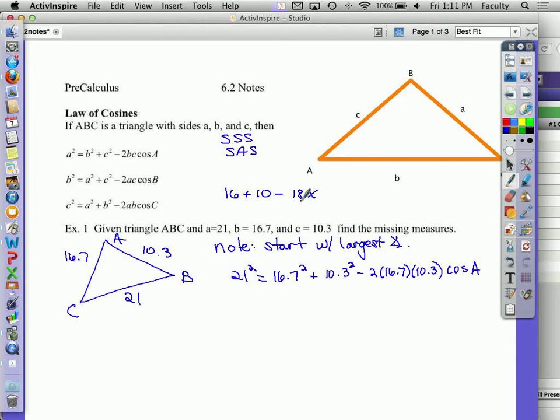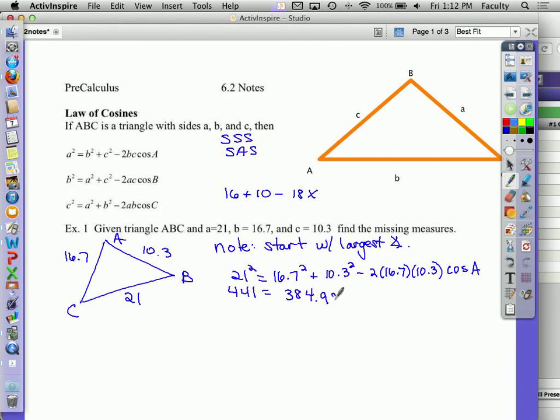Well, guess what? For some reason, I have students every year who will add these and subtract that product and stick it in front of cosine A. Cosine A is an unknown, so don't do that. Be careful with that. You've just taken it from an algebra 1 level to the pre-calculus level where your unknown is a trig function. Okay? So go ahead and you're going to do all the work that you need.